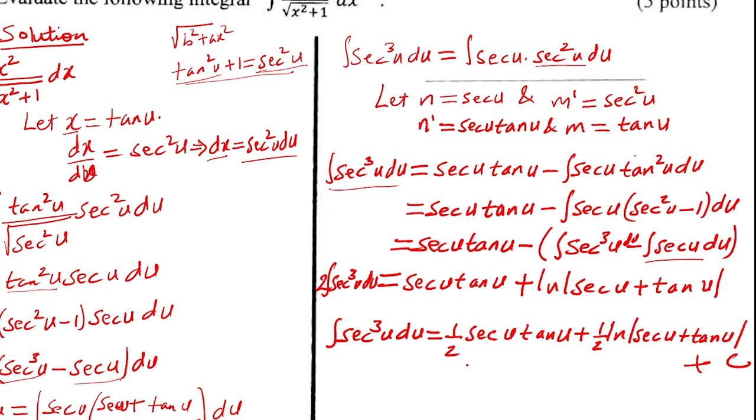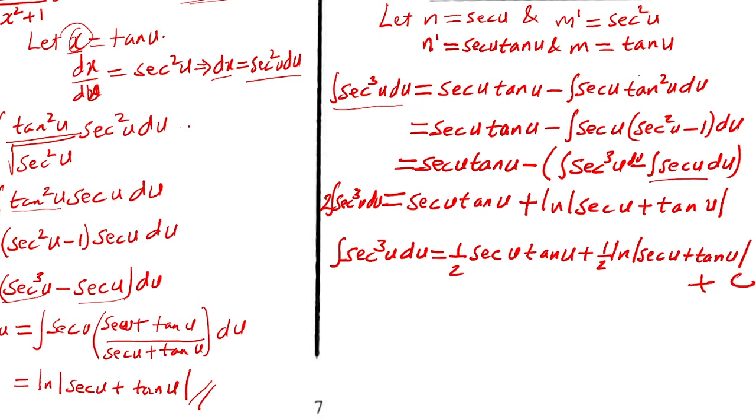But look, our answer should be in terms of x. This is the indefinite integral, and we have to answer all in terms of x. So what we need to do here is prepare a right angle triangle, 90 degrees. This is angle u. What's tan u?